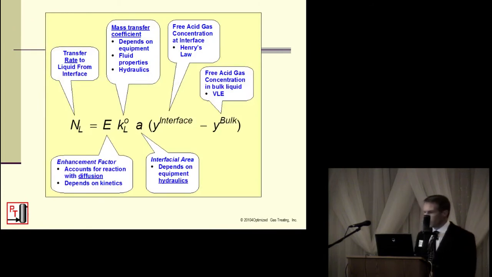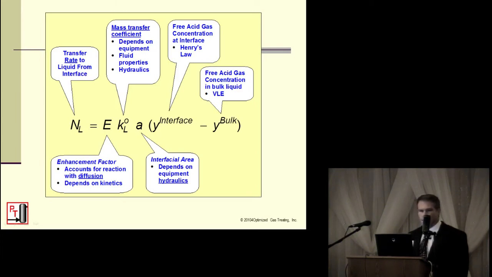Okay, so we're going to dive a bit further into our gas absorption example and look at how the rate of mass transfer of something like CO2 into the liquid depends on the mass transfer coefficient that we talked about and the driving force. Well, it becomes more of a ball of wire when you start looking into what affects the mass transfer coefficient.